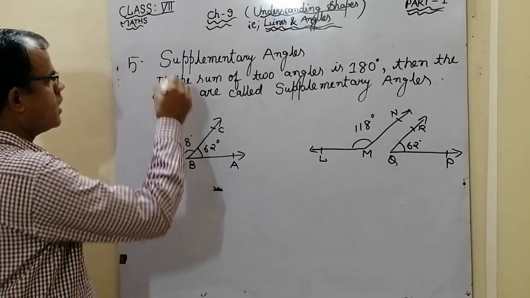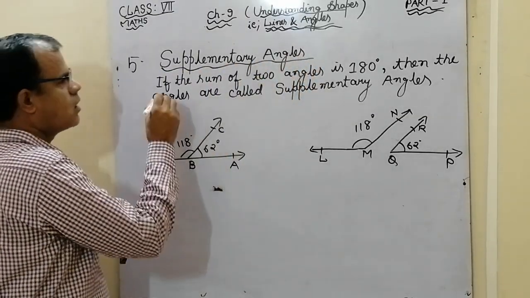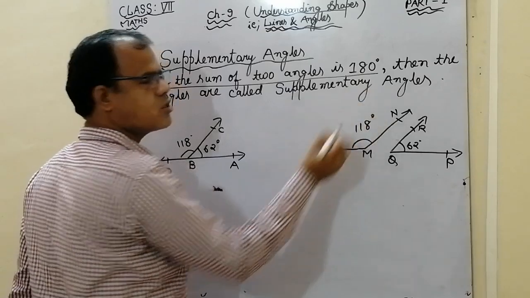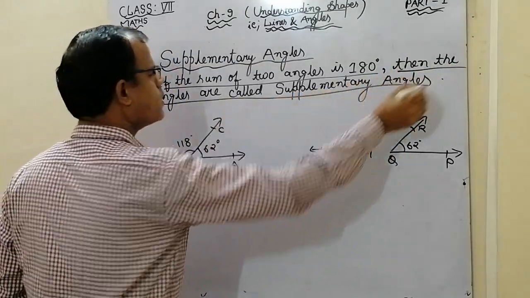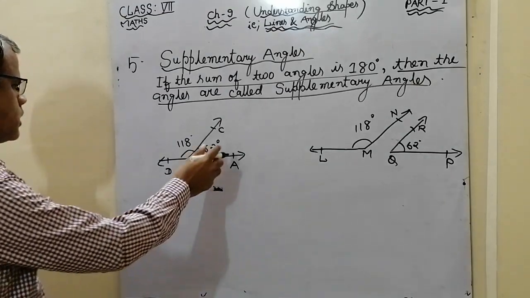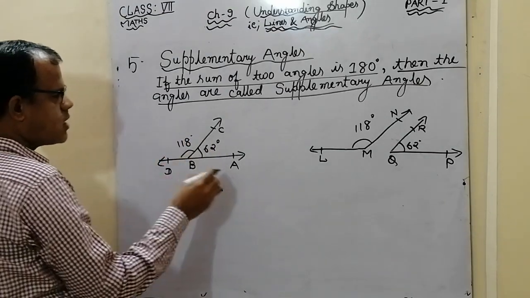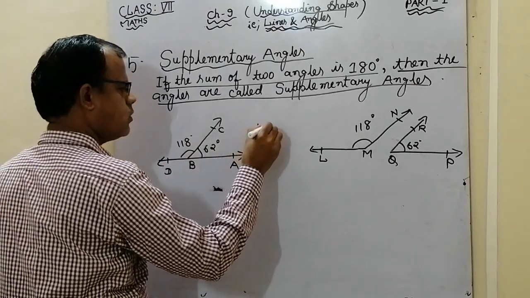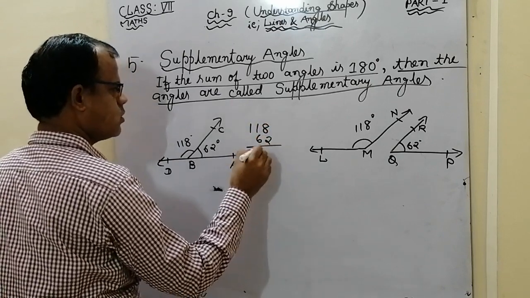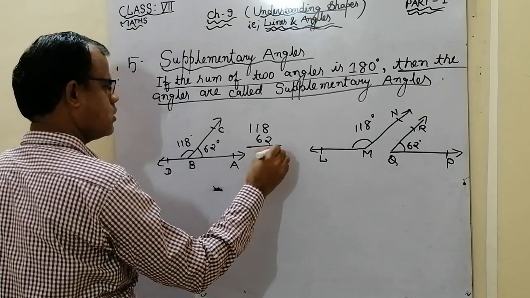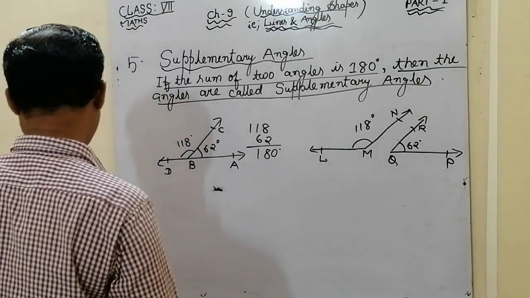Yes, student, next, supplementary angles. If the sum of two angles is 180 degrees, then the angles are called supplementary angles. So look here in this figure, two angles are there, so we find their sum, 118 and 62 degrees, so it becomes 180 degrees. So this is a supplementary angle pair.